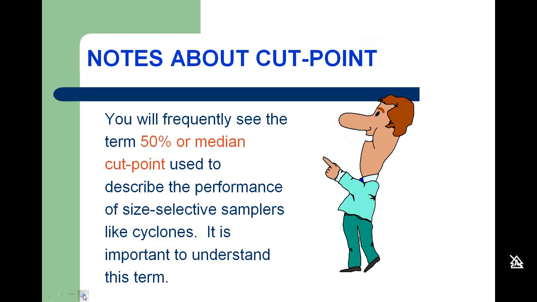When doing size-selective sampling, you will frequently see the term 50% or median cut point used to describe the performance of sampling devices like cyclones. It is important that you understand this term.